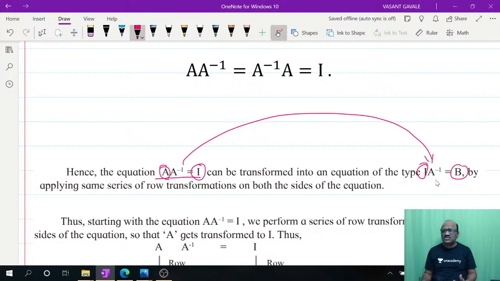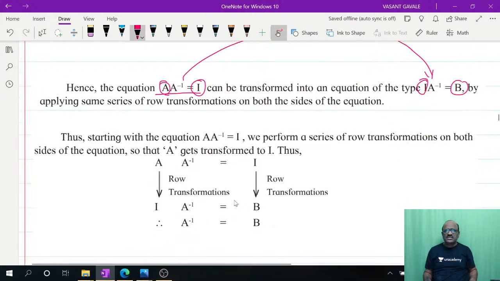I into A inverse is A inverse, therefore A inverse is equals to B. Now see this here, A into A inverse is equals to I. Apply the row transformation on this matrix A, then it is converted to this I. Okay, it is converted to this I into A inverse. Okay, again this is a unit matrix. Apply also the row transformation on this. जे ऑपरेशन आपण या A वरती केलेले तेच या I वरती करणार आहोत सायमल्टेनियसली.